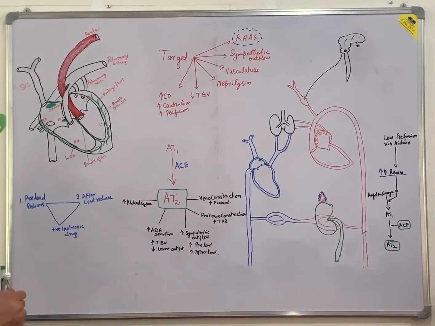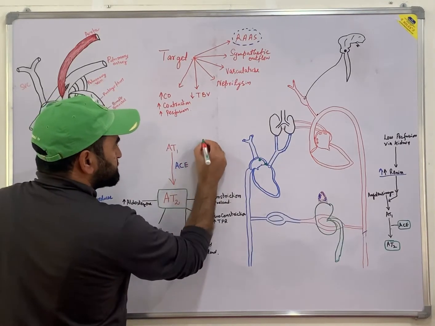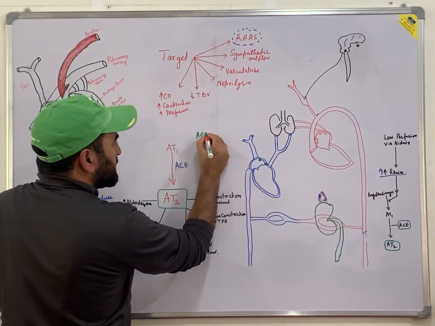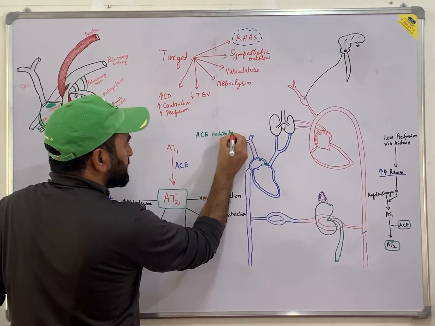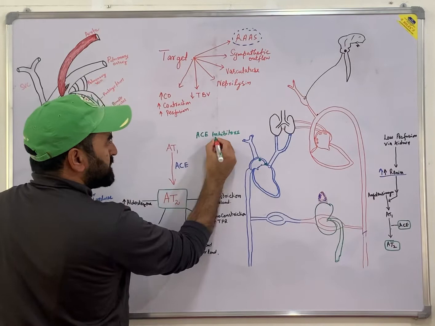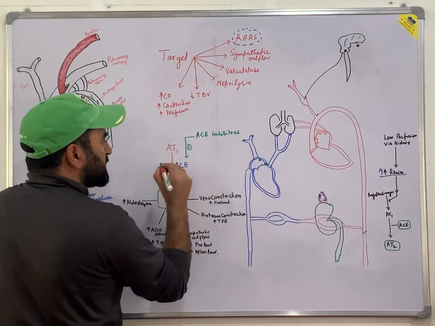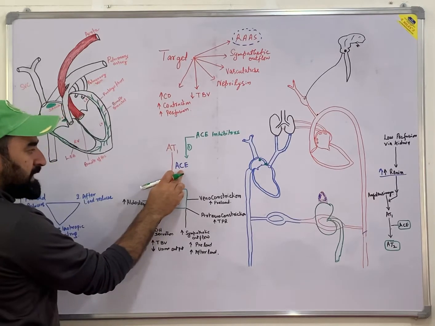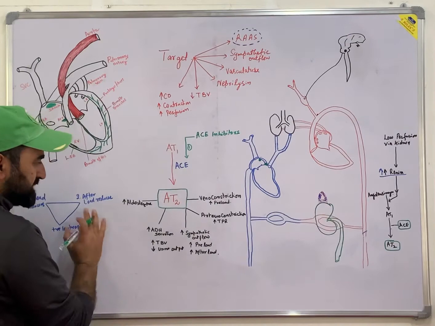Okay. Now let me give the drugs. You know, the first drug you give is your ACE inhibitor. ACE inhibitors. You know what ACE inhibitor will do? Simply to block ACE. If ACE gets blocked, AT2 will not be produced. That means no such events will occur.